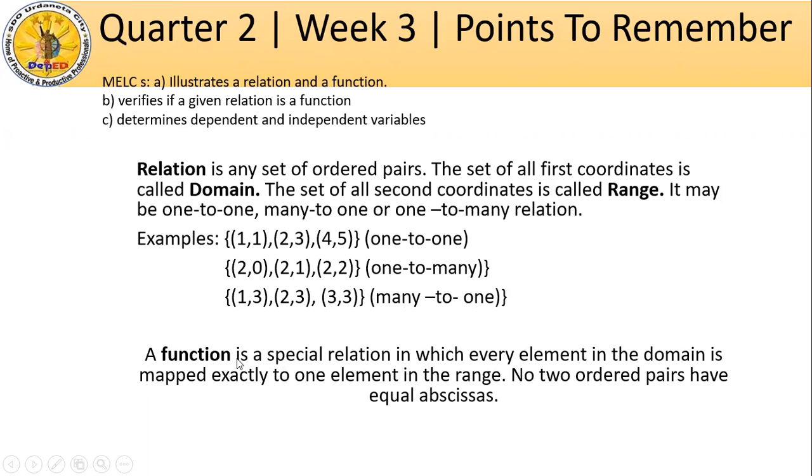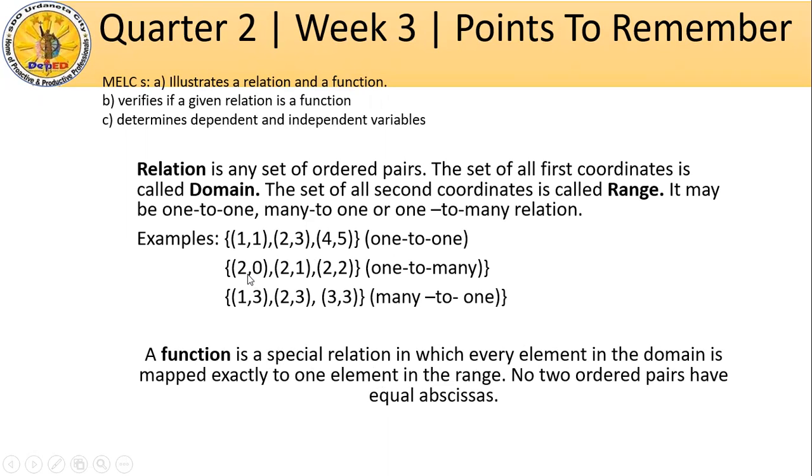A function, on the other hand, is a special relation in which every element in the domain is mapped exactly to one element in the range. No two ordered pairs have equal abscissas. Using the above example, the functions here are examples 1 and 3.